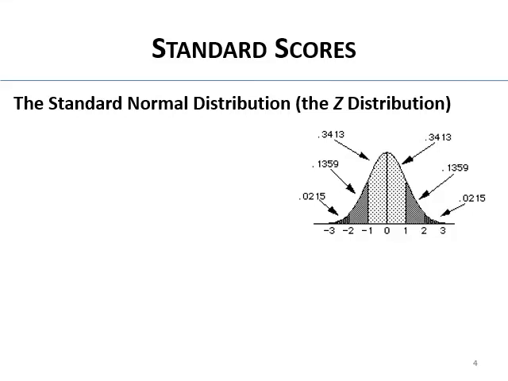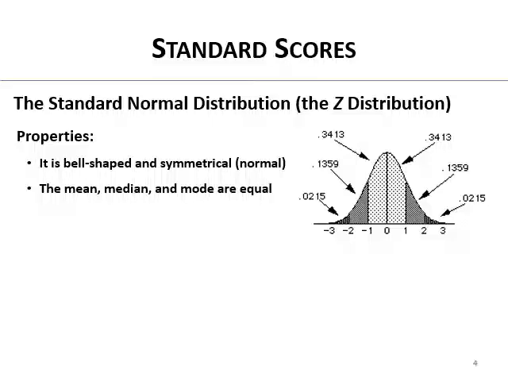So the z-distribution, or the standard normal distribution, kind of looks like this. It is normal. It's got a mean of 0. It's bell-shaped. The mean, median, and mode are all the same, and at the middle it's 0. I told you in lecture 2 that in a normal distribution, the mean, median, and mode are all the same.